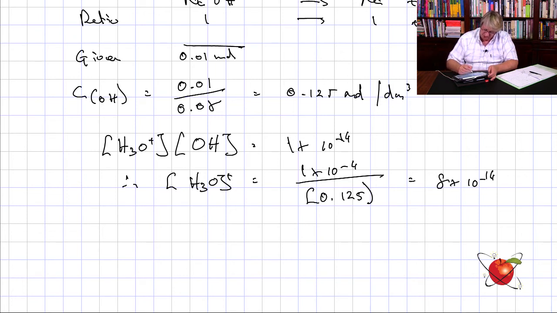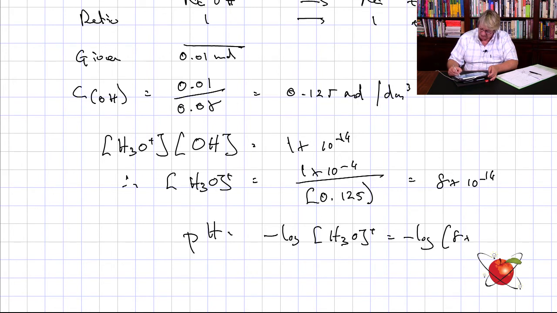Okay? And lastly, we say, right, the pH is going to be the negative log of the concentration of the H3O plus, which is the negative log of 8 times 10 to the minus 14, which gives us, and you can go check this, 13.1. Right? So that gives us the pH at the end of the day.